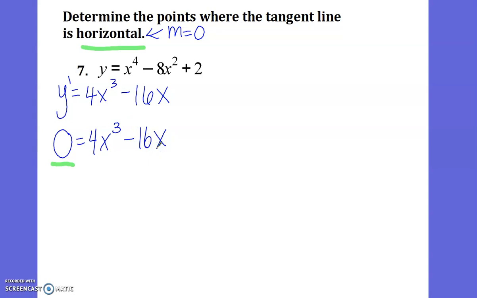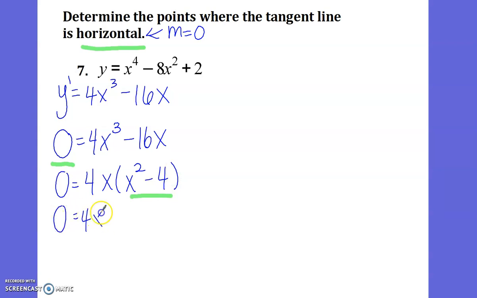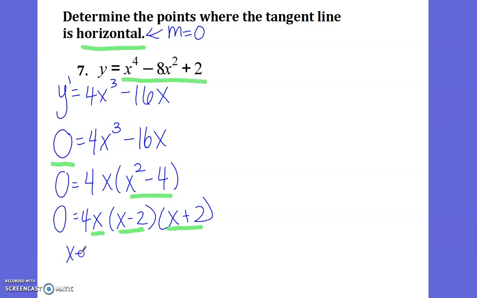I'm going to start by factoring out the GCF. Here, that's a difference of perfect squares. So we have 3 x values where this function has a slope of 0: x equals 0, x equals 2 and x equals -2.